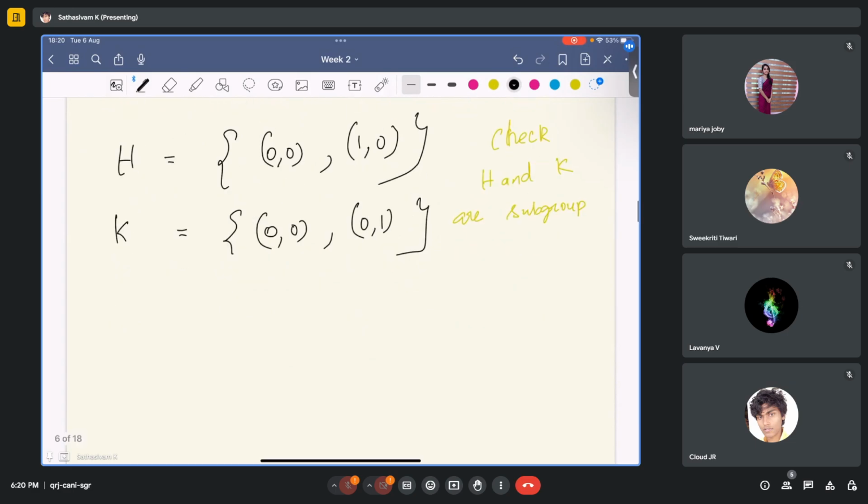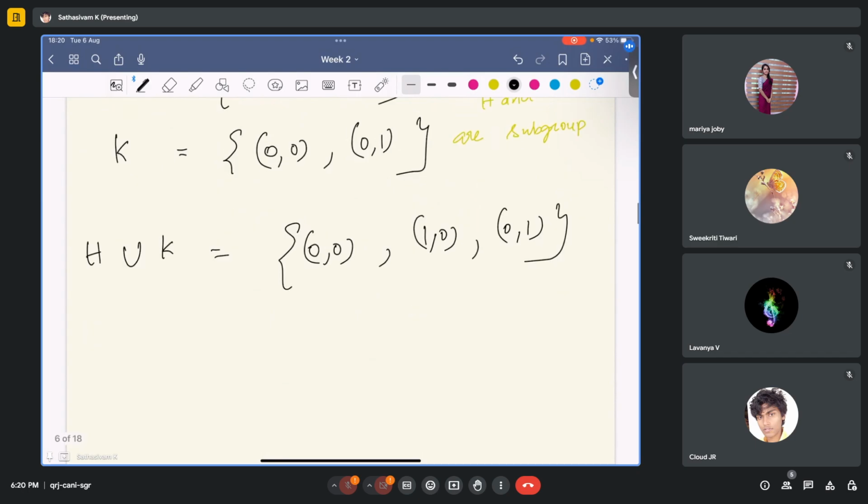Let's take the union. If you take the union of H and K, what you get is this set, right? You get (1,0) as well as (0,1). But if you take these two elements, (1,0), and add it with (0,1), you get (1,1).